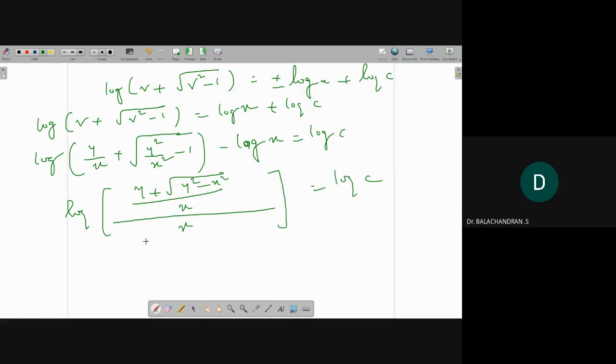So log gets cancelled, and you get y plus root of y square minus x square divided by x square equal to c, or c into x square: y plus root of y square minus x square minus c x square equal to 0.